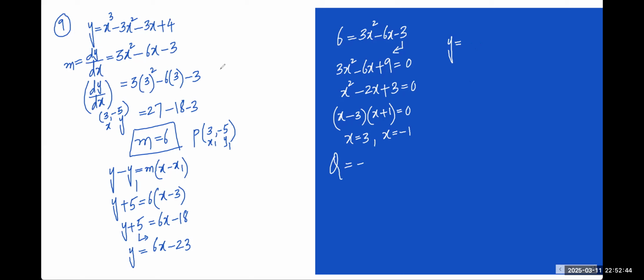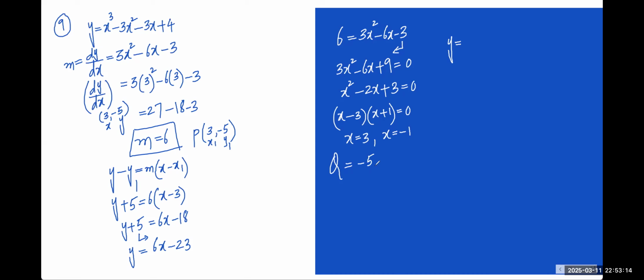Completely wrong. So it'll be 27 minus 9 minus 23, which is minus 5 only. Correct now? Minus 5, yeah.